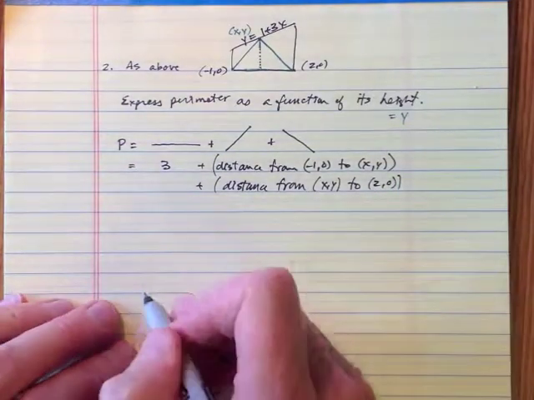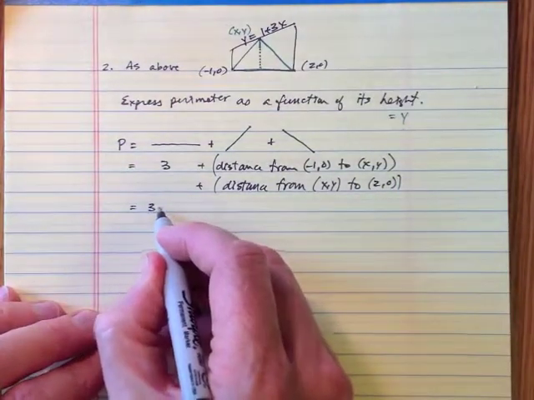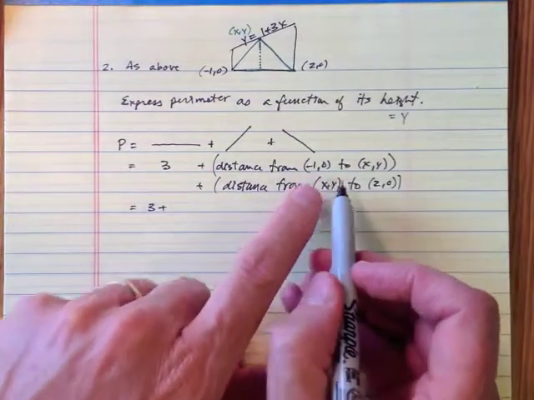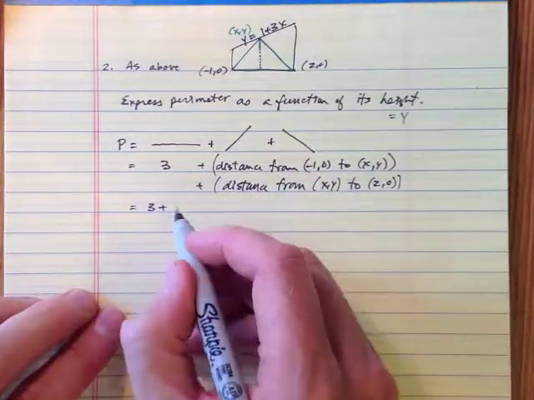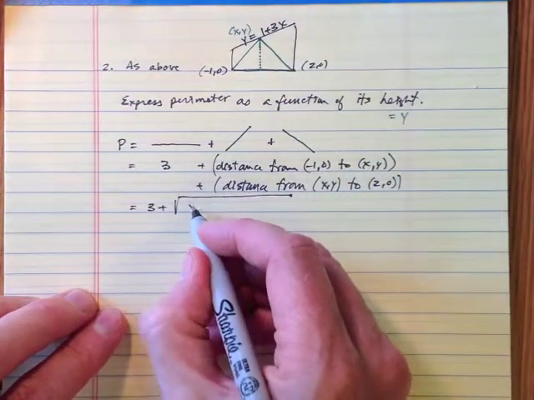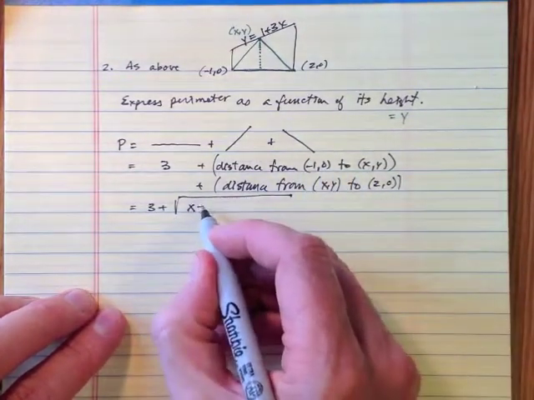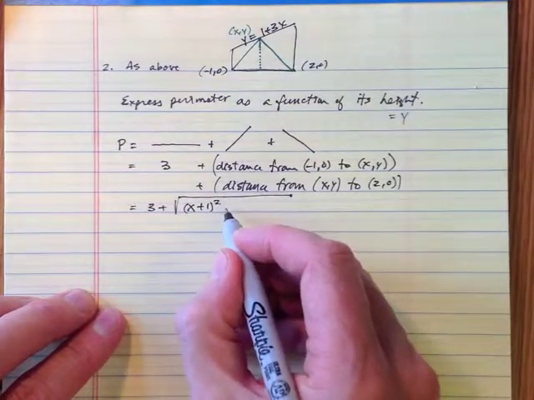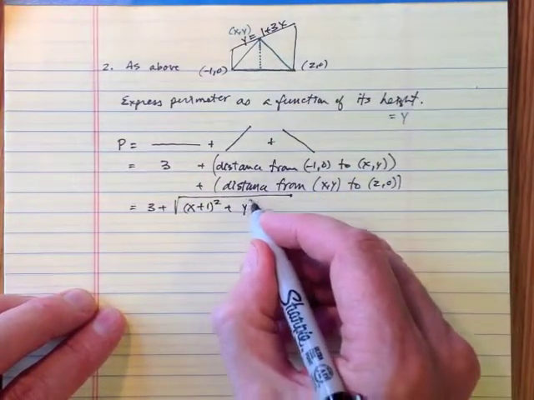This looks like a job for the distance formula. That's 3 plus the distance from that to that, which is the square root of x minus negative 1, so that's x plus 1 squared, plus y minus 0 squared.